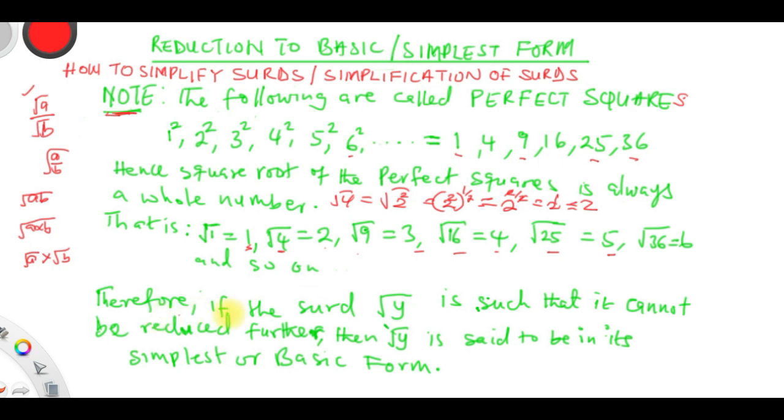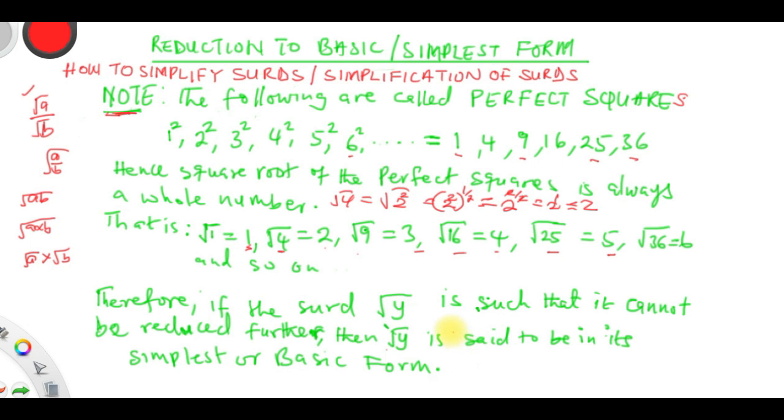So if you are given this set, the square root of y, and this set cannot be reduced or simplified further, then the square root of y is said to be in its simplest or basic form.